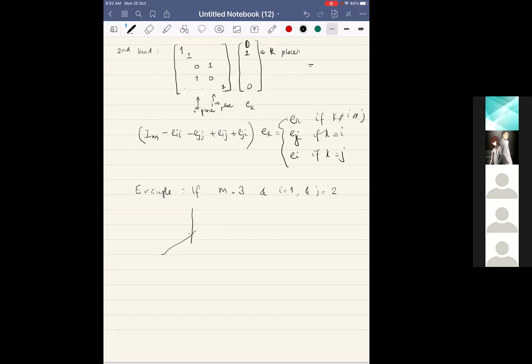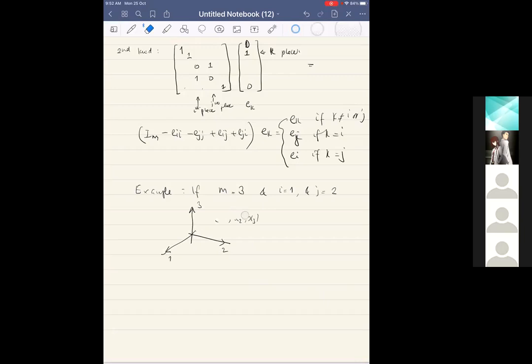Well, this is 1, 2, 3. So what does this do to a point with coordinates x1, x2, x3?